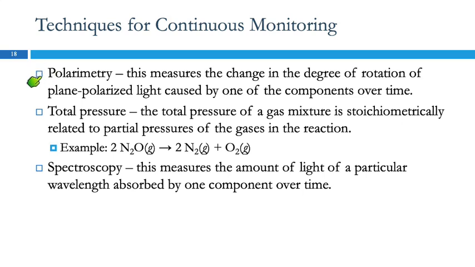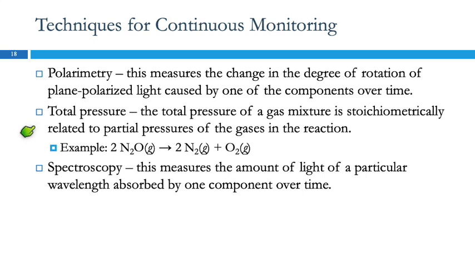One is polarimetry. So some chemicals are chiral, and they will actually change light as it goes through. So polarized light, and they will twist it. And how much they twist it is dependent on how much of it is in the solution. We're not going to do polarimetry.